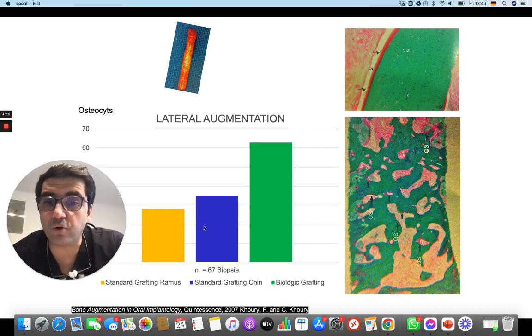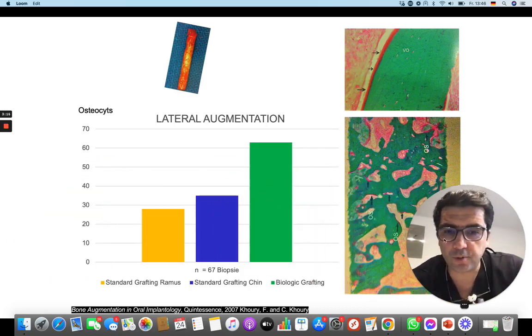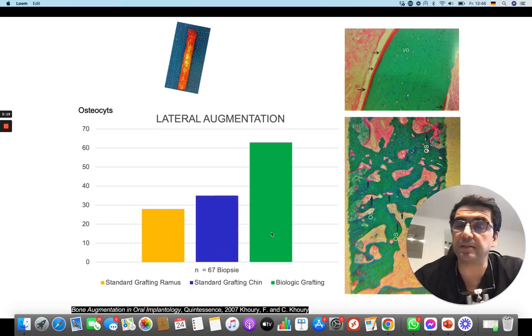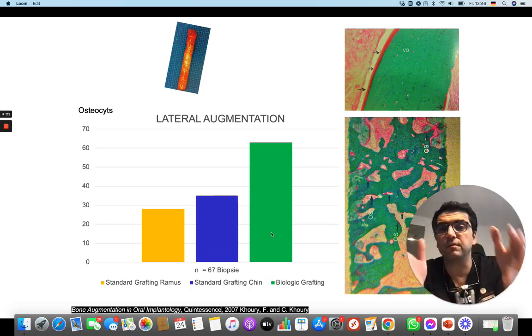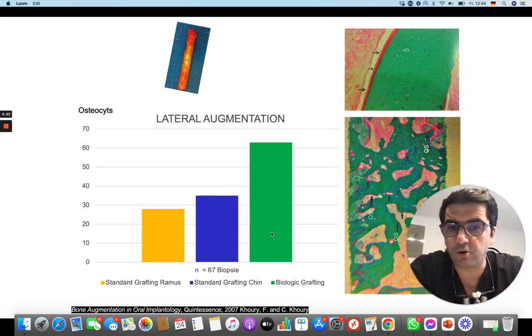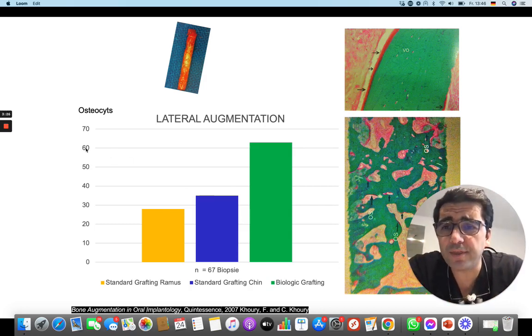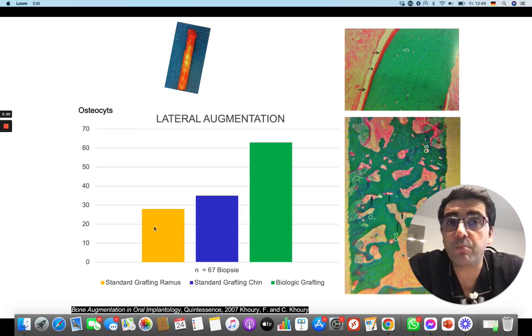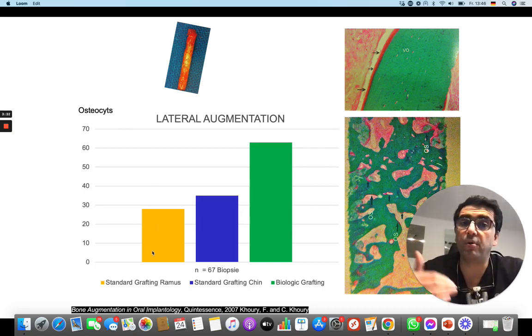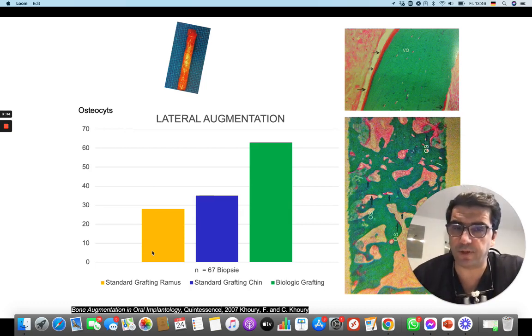And if we compare both with the biological concept, with the split bone technique and bone chips in the gap, like in our concept, you have more than 60% vital cells. This is 100% more than the two others, or the standard grafting method.